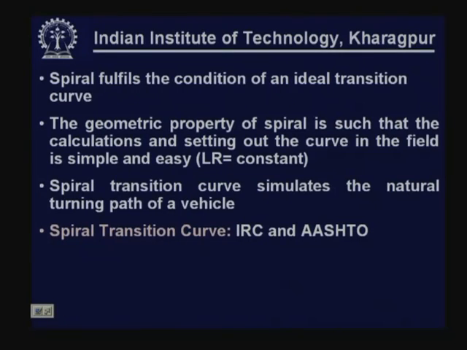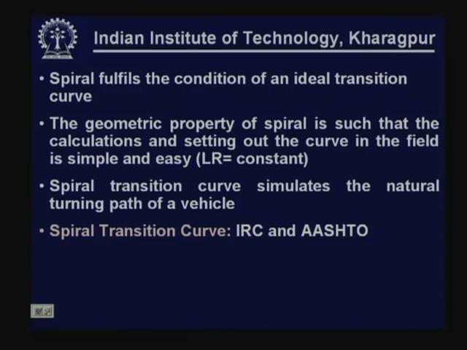So, the natural driving path of a vehicle is also a transition curve, and it is a spiral transition curve. Therefore, we are saying that the spiral transition curve simulates the natural turning path of a vehicle.